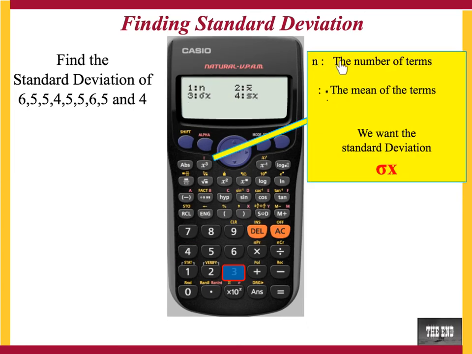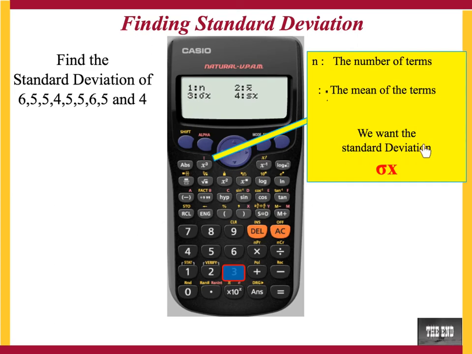So n represents the number of terms, x bar represents the mean, and this little symbol, like a circle with a little tick sticking off the top of it, represents standard deviation. So this is what we're looking for, number 3.